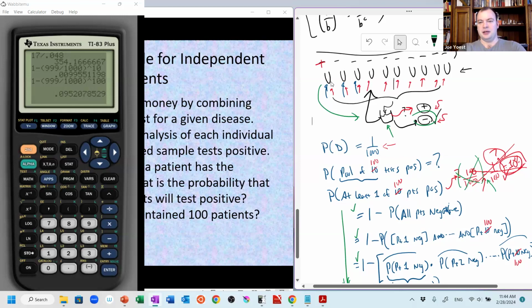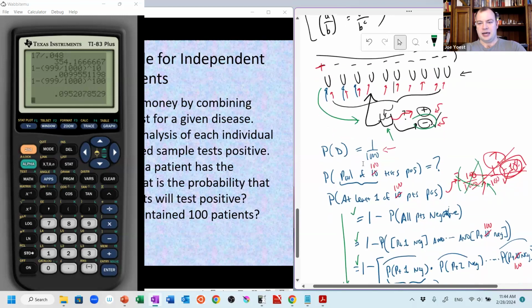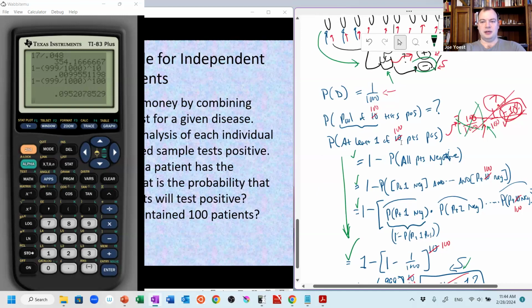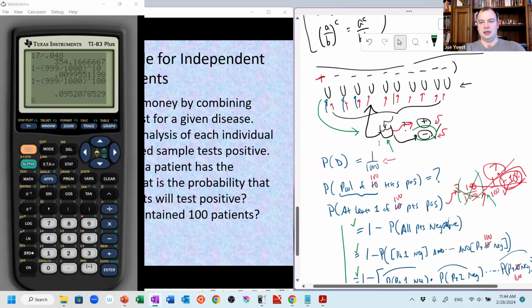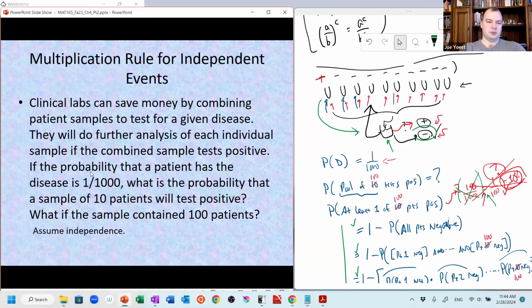As an aside for the computer science folks, I'll just touch on this topic. If we looked at a sample of size 10, where the probability of any given person being positive is 1 in 1,000, and the pool tests positive, we can do a little bit better.